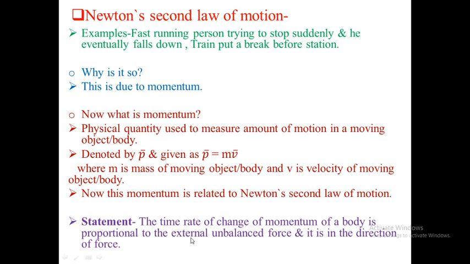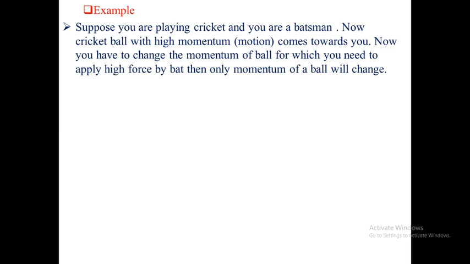This external unbalanced force. That means dp bar upon dt is directly proportional to F bar, where force is again a vector quantity that we have already discussed in the first lecture. So let's see one simple example in detail, then we will derive Newton's second law. There is a small derivation for Newton's second law.